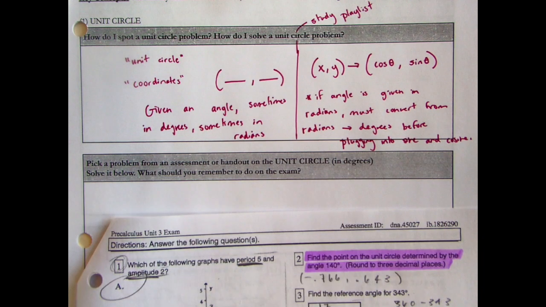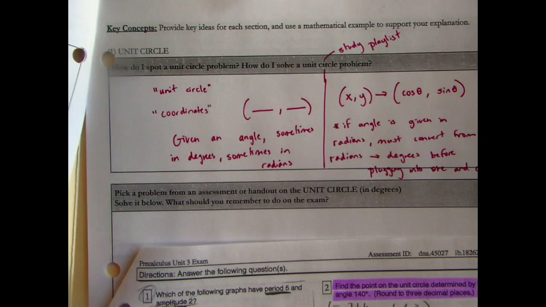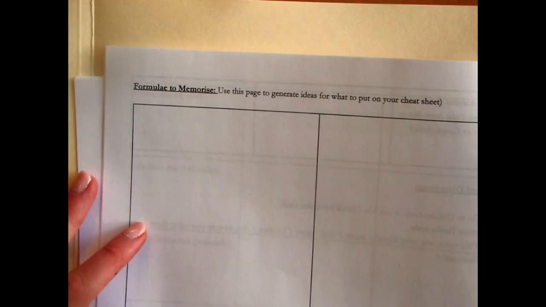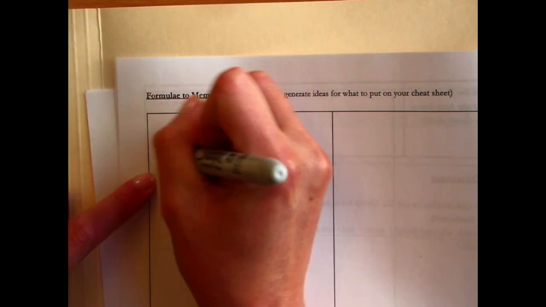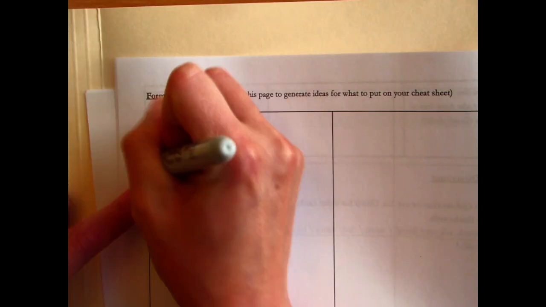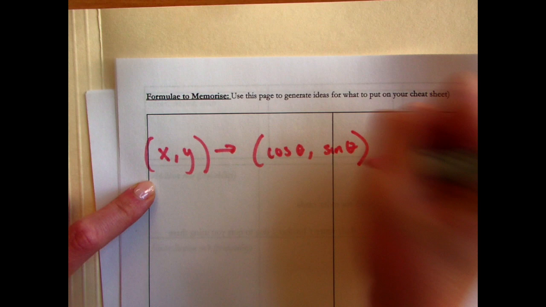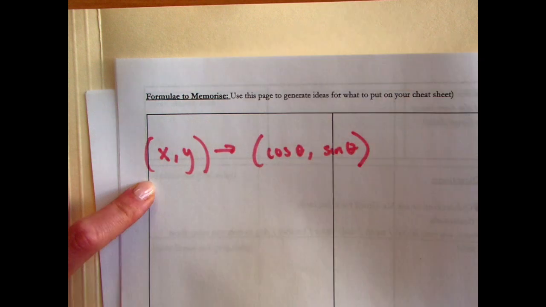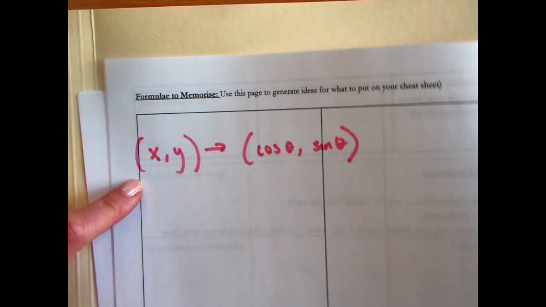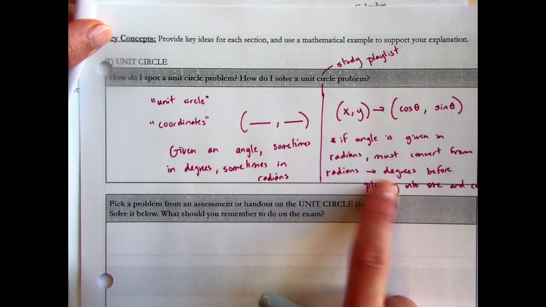A helpful place to look for this would be the essential question reflections we were doing back in Unit 3. Here on Wendy's essential question reflection, one of the questions is how do we convert radian measures to degrees? And she said you convert radian measures to degrees by using the equation r times 180 over pi, and then you convert degrees to radians by using the equation d times pi over 180. So I'm going to put those two equations in my cheat sheet.